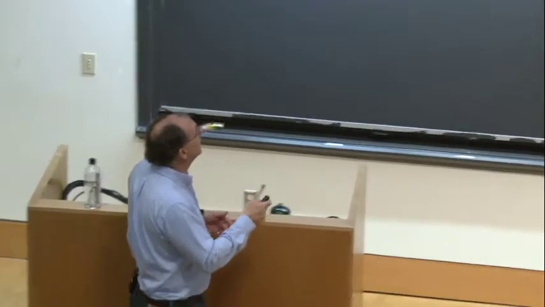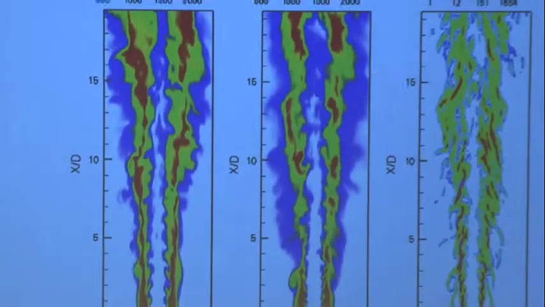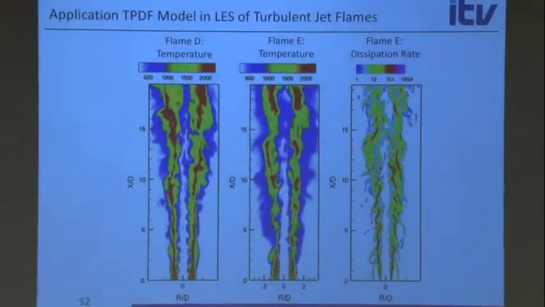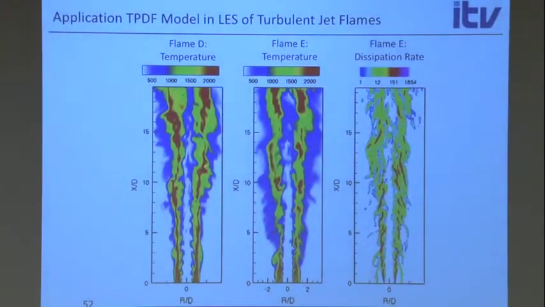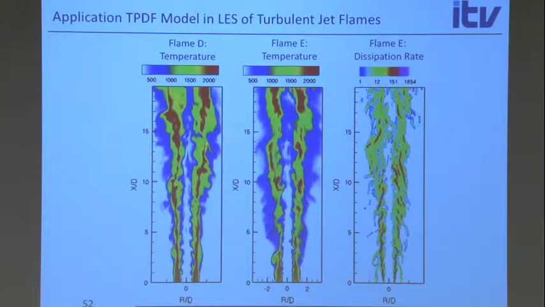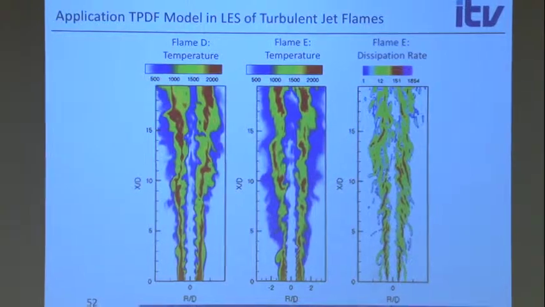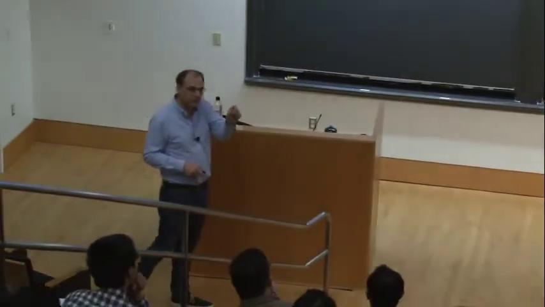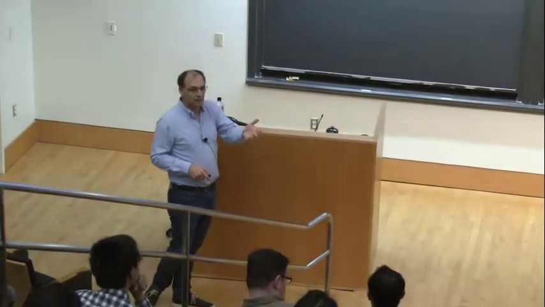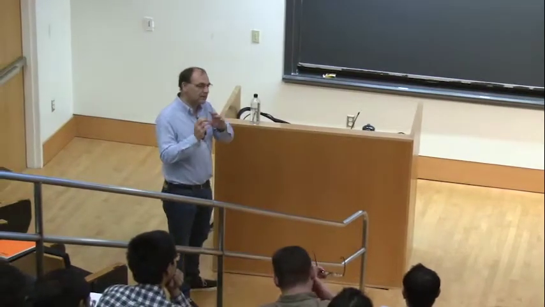So the issue in modeling is that this could look a little bit like DNS. But here locally we have a value of temperature, but it really represents a fluctuating value at an even smaller scale. So these fluctuations I need to model. But in DNS, I would try to resolve every single fluctuation there is, and then there's nothing I need to model.